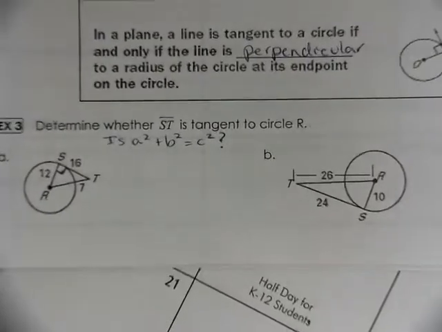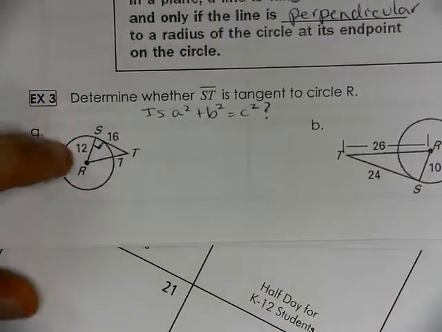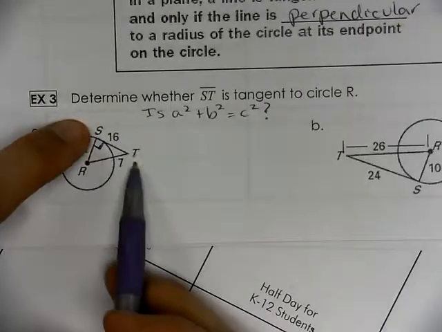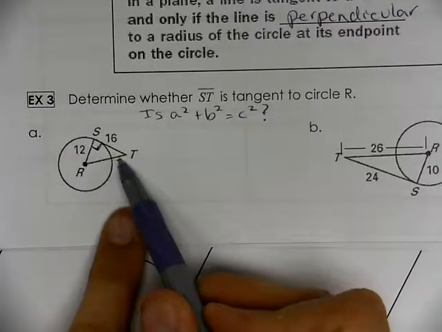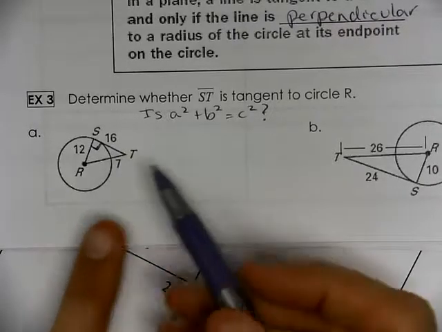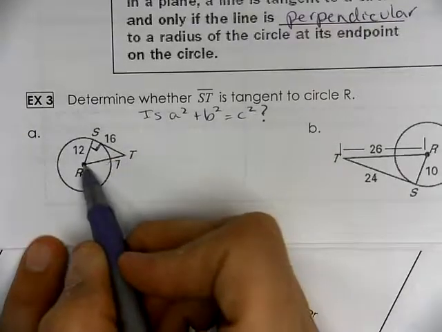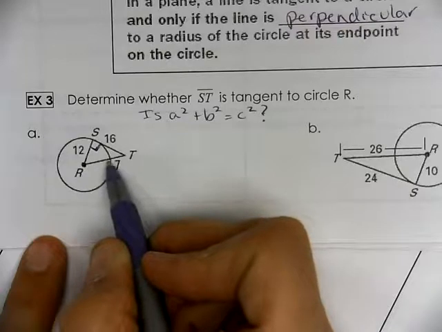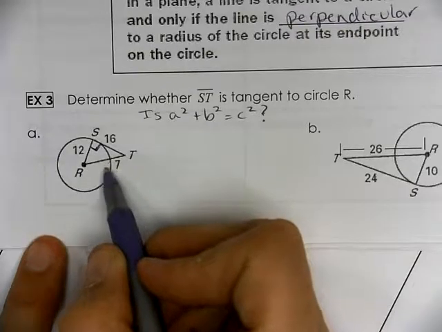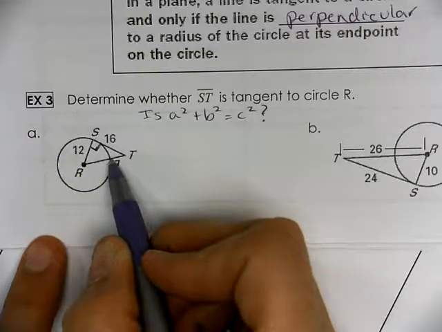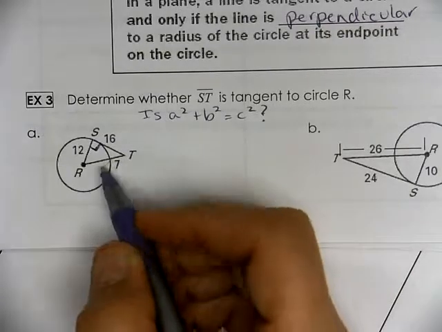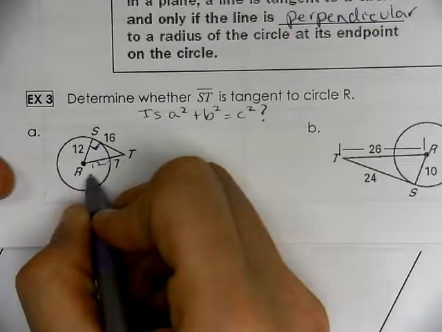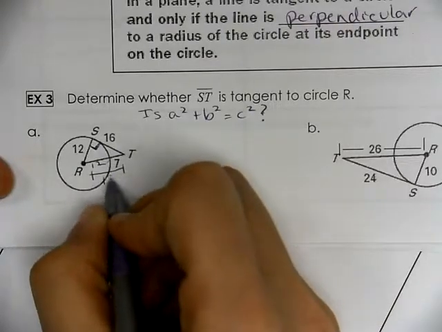Now in the first picture, you have S to R is 12, you have S to T is 16. That 7 is really only from the circle out. But how big is it from the circle to R here? This 7 only starts here and goes out. What is this, you think? 12, because it's still a radius. So this whole side together is 19.